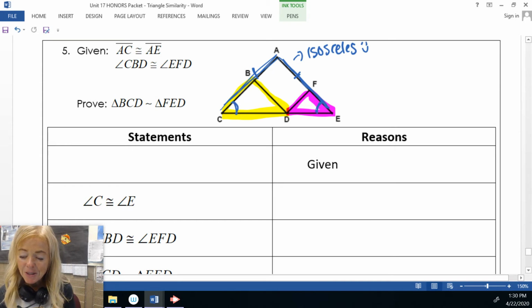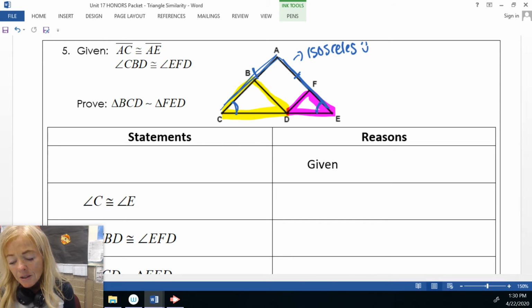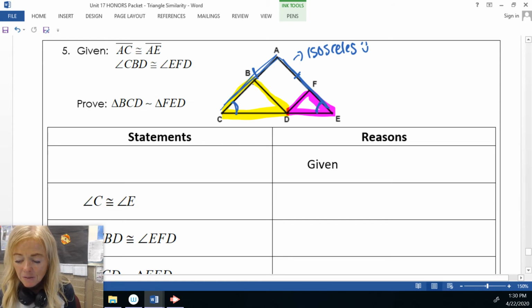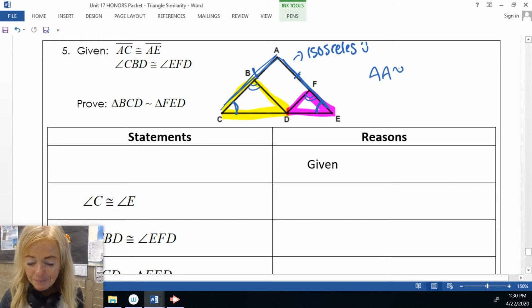So that gives us a congruent angle in the triangle. We also know that angle CBD, which is right here, is congruent to angle EFD, which is right there. So you have two congruent angles in those triangles, and therefore they are similar by angle-angle similarity. So that's going to be pretty easy, actually.